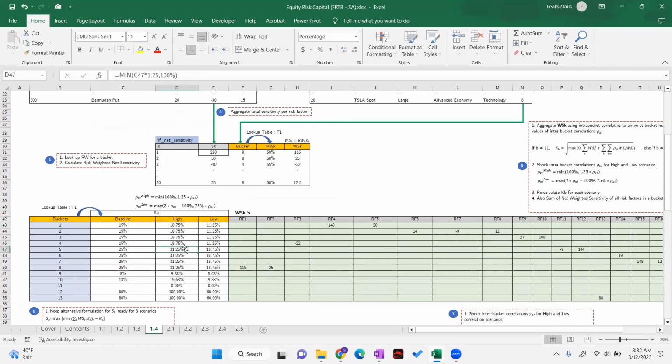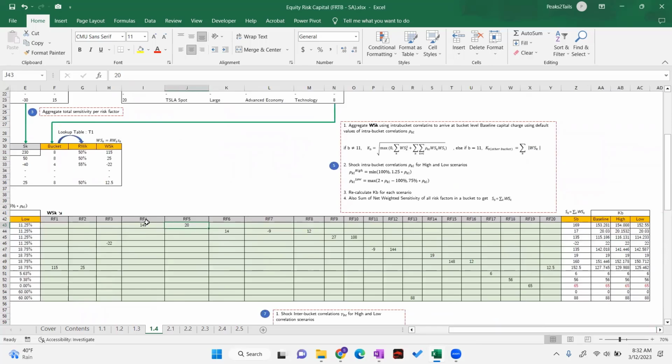Question from Ritesh: this is the correlation with which risk factor? All risk factors. 15% is the correlation between all risk factors that belong to bucket 1. So this one has 149 exposure to risk factor 4, and 20 exposure is coming from risk factor 5.